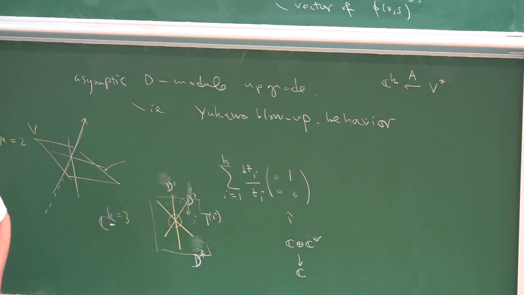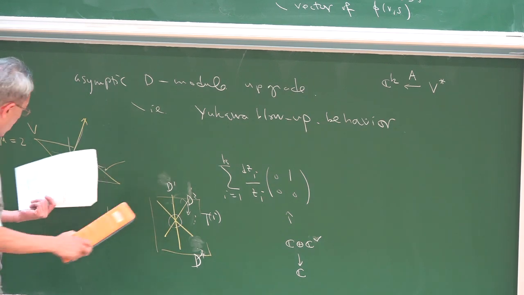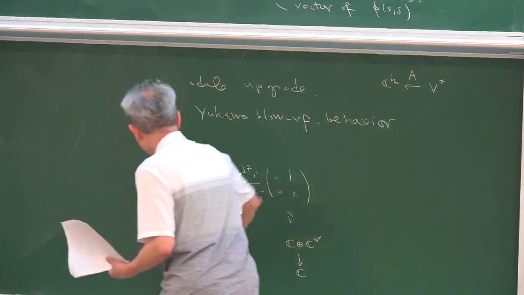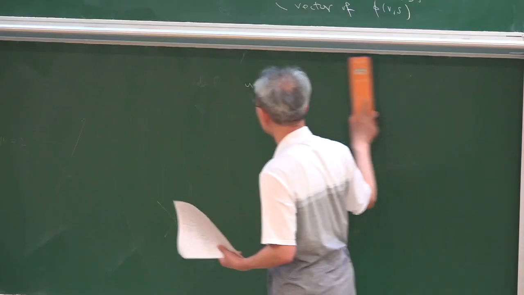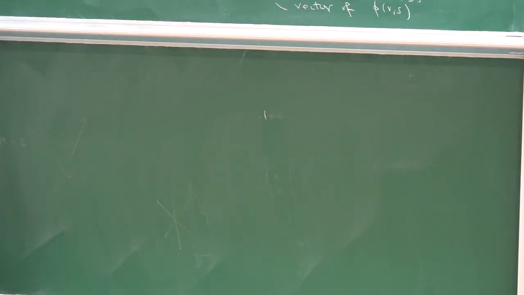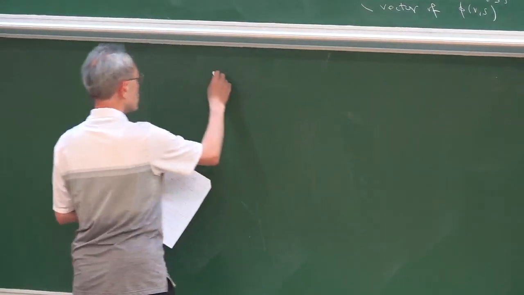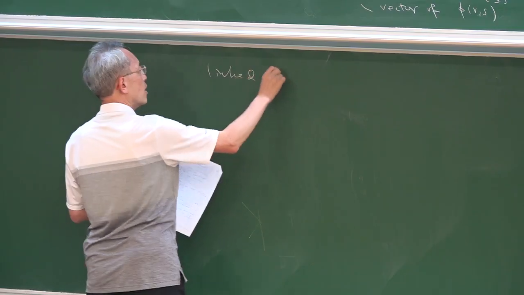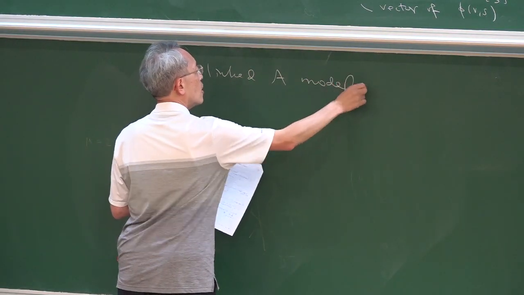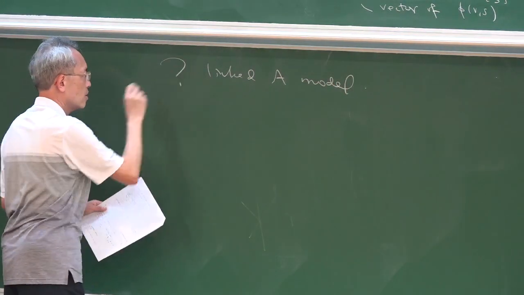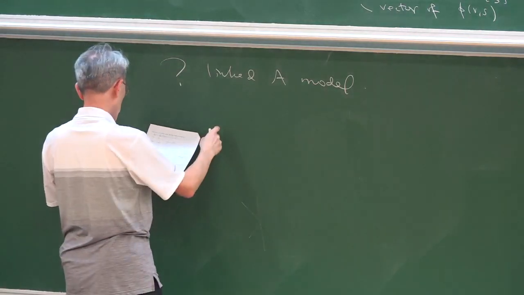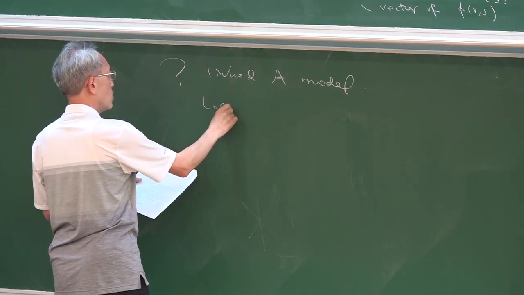Okay, so let me tell you what's a possible way to think about this. I want to look at the link technology, and let's first look at the local model.